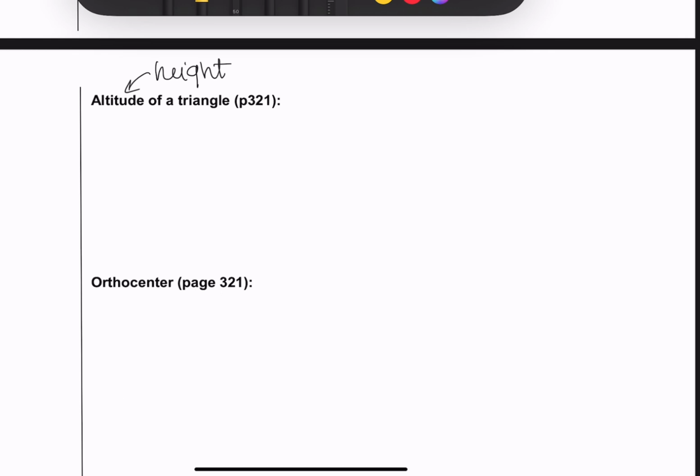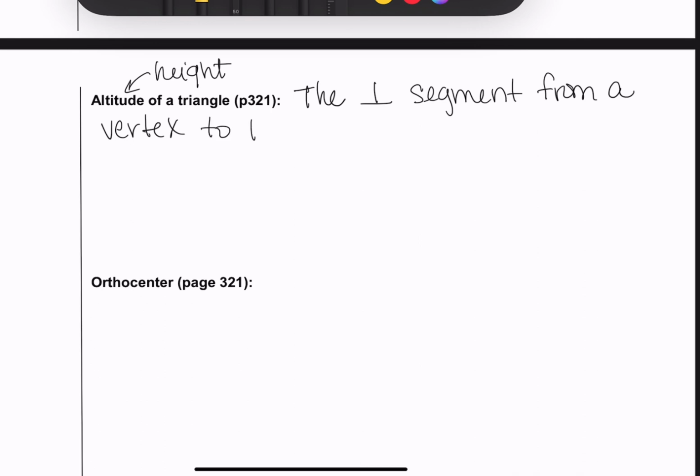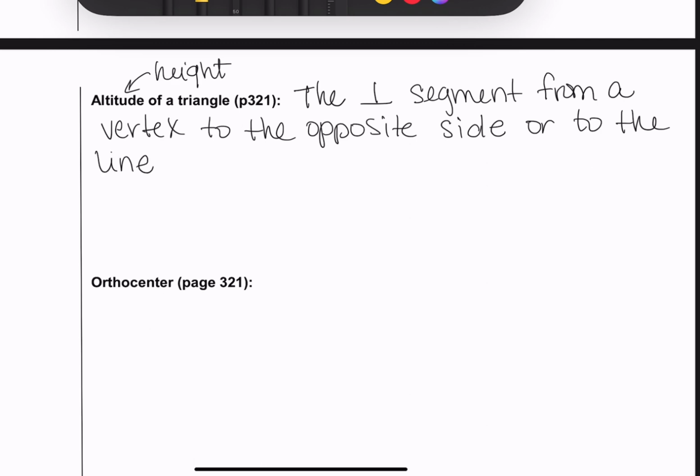So the altitude of a triangle is really the perpendicular segment, I'll use the perpendicular symbol, from a vertex to the opposite side, or to the line that contains the opposite side.